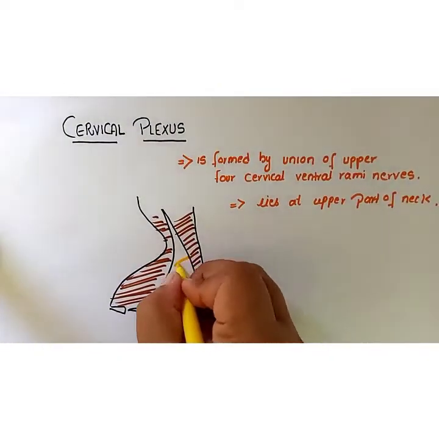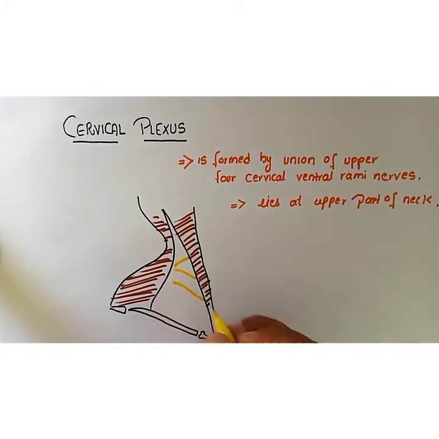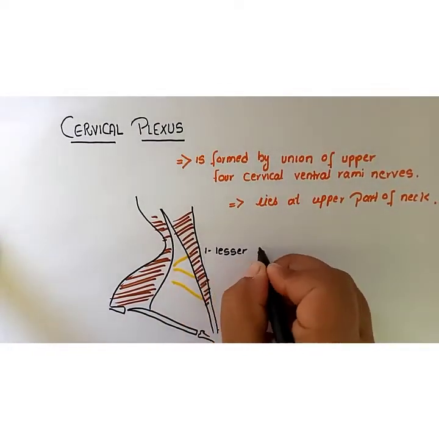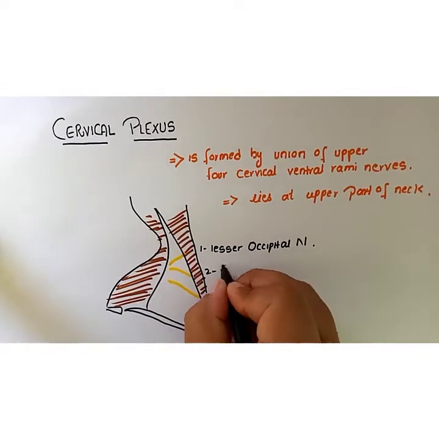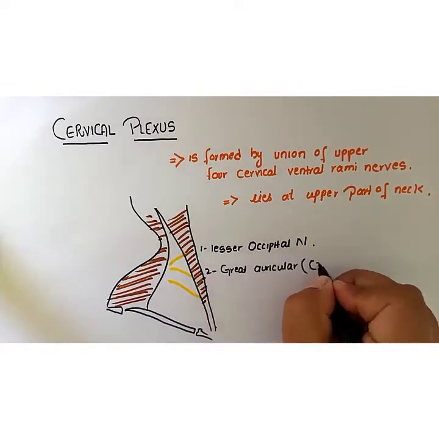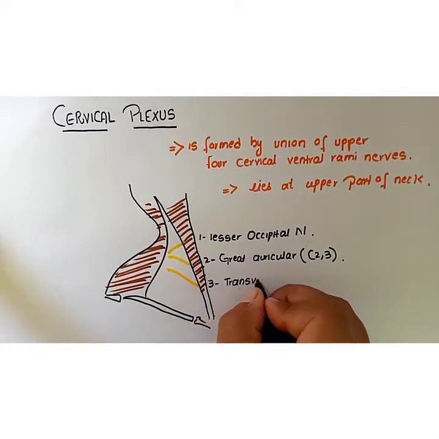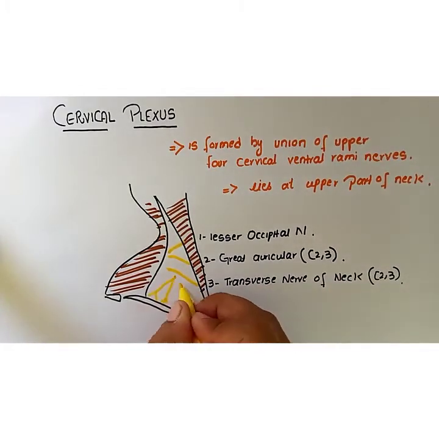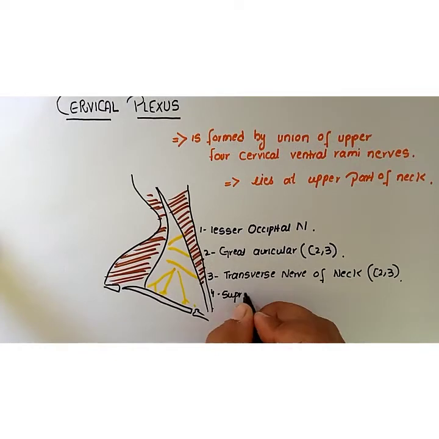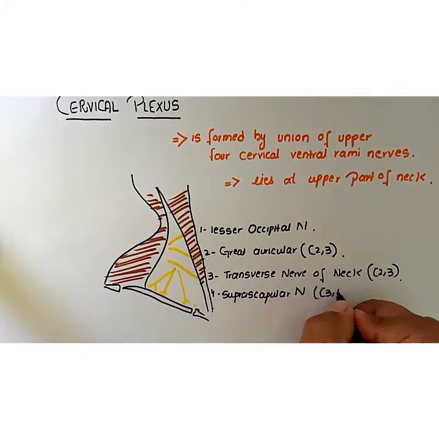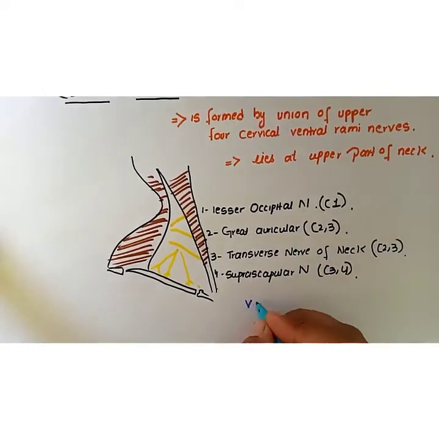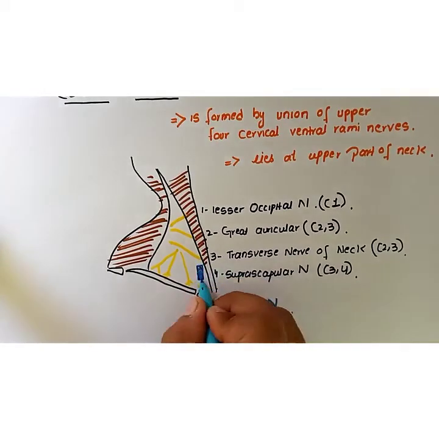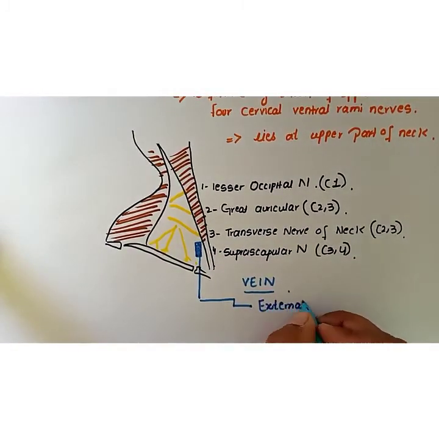So there are four cutaneous branches of the cervical plexus. The first one is the lesser occipital at the level of C2, then great auricular at C2 and 3, then transverse nerve of neck at the level of C2 and 3, and the supraclavicular nerves, which lie at the level of C3 and 4. And the vein which is present in the posterior triangle is the external jugular vein.